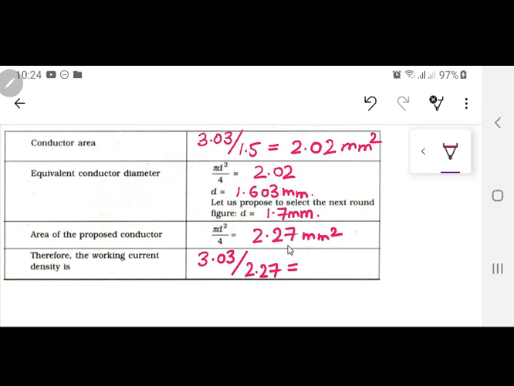That is 1.334 or 1.335, whatever, it's totally up to you. This is amperes per square mm, whichever nomenclature you want. So this is your working current density. Your ask was 1.5, but you are working at 1.34. No issues, because you can't find a conductor between 1.6 and 1.7. This is a round conductor, because this is an HT winding.